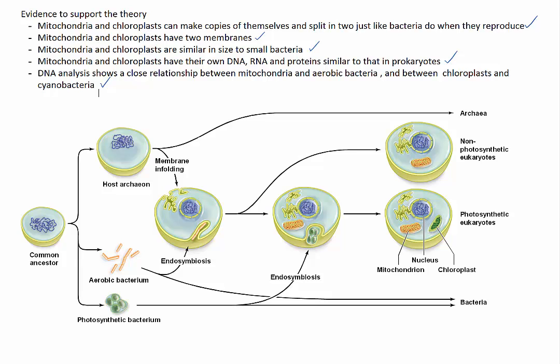A eukaryotic cell that contains chloroplasts, such as those in plants, no longer needs to engulf other cells to obtain food, and this might explain why plant cells have lost the ability to change shape rapidly to engulf other cells by phagocytosis. Instead, they have developed a tough and protective cell wall.